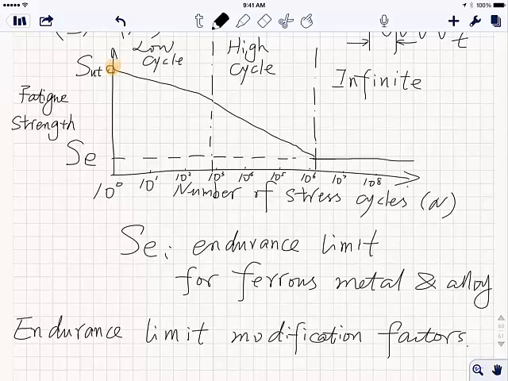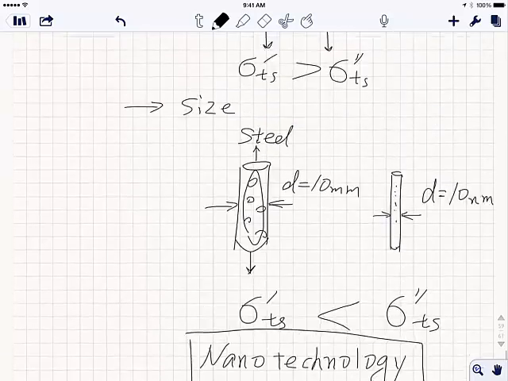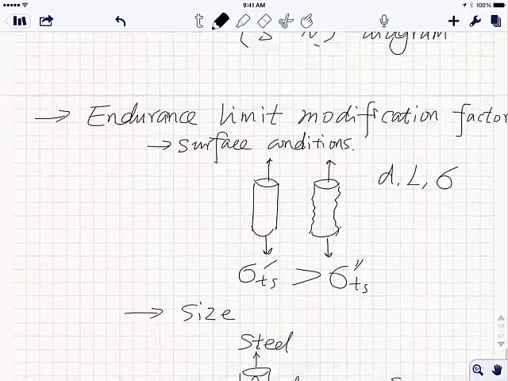But like I mentioned, lots of parameters will influence it: load, temperature, reliability, size, or surface conditions. Next, we're going to see how we can quantify those influencing parameters. The fundamental equation is very easy.